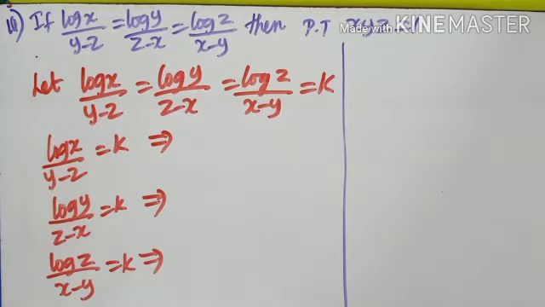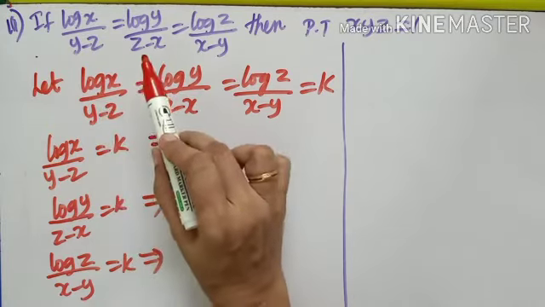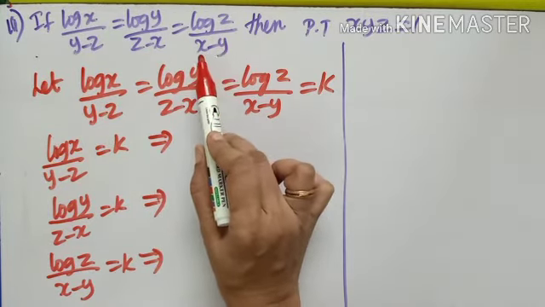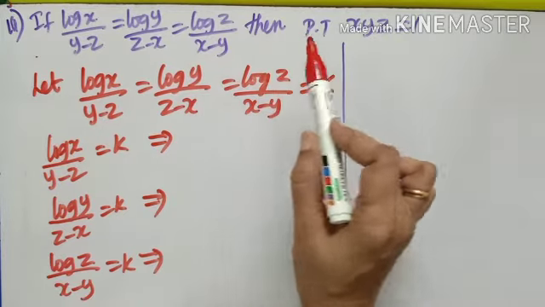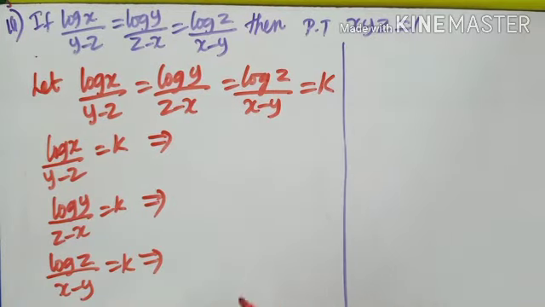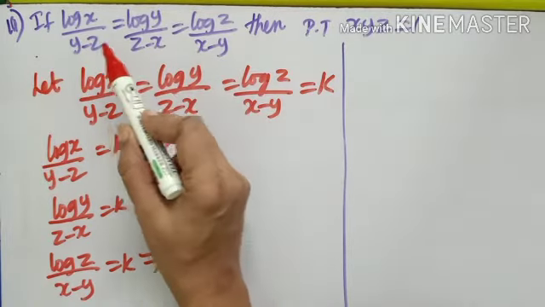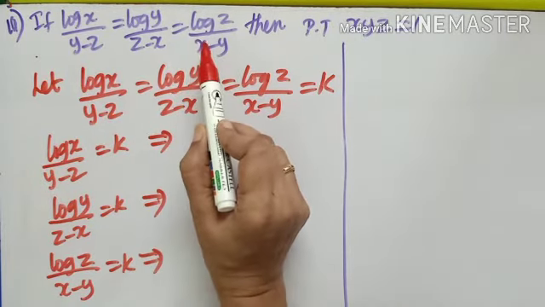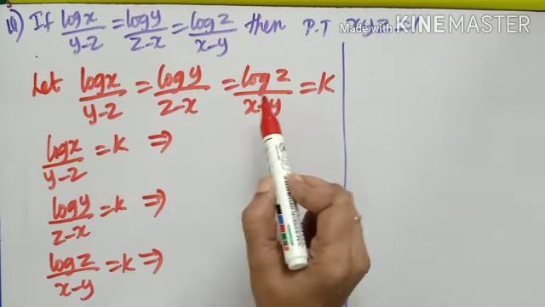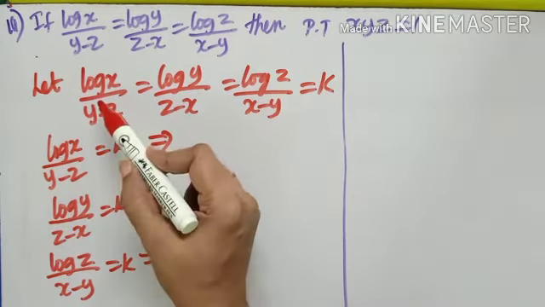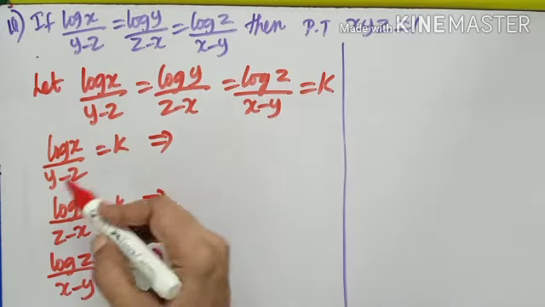10th question. If log x by (y minus z) equals log y by (z minus x) equals log z by (x minus y), then prove that xyz equals 1. Since we are given 3 terms are equal, consider all are equal to k, a constant. From this, compare first and k.